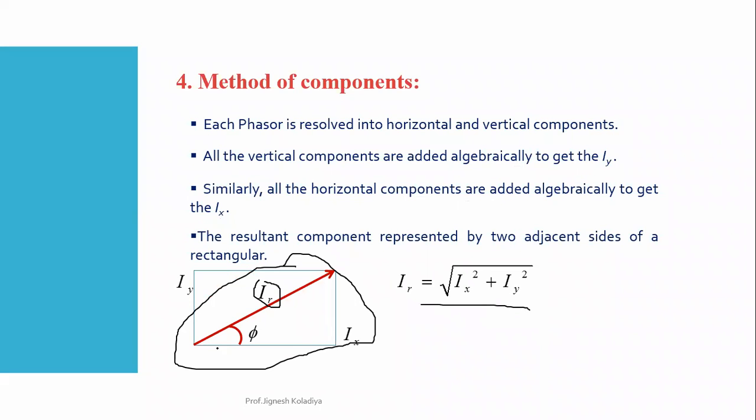And what is this angle phi? Tan inverse Iy by Ix. That's it. This is what we want, the resultant as well as its angle. So this method is very simple. No need to remember any equation.